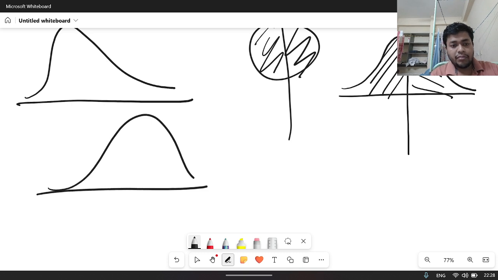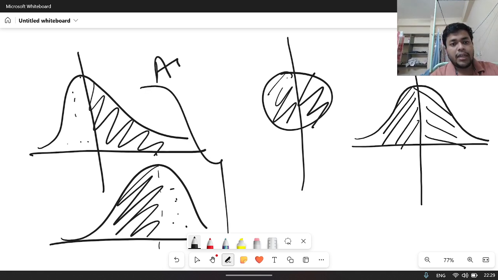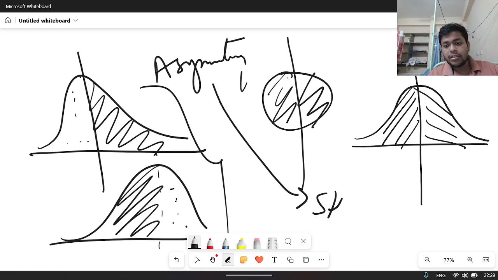When you divide from the center, this is the larger portion and this is the smaller portion. In a similar case, this is the smaller portion and this is the larger portion. So these two are examples of asymmetry, which is what we termed skewness.